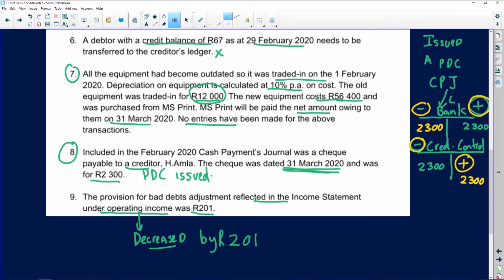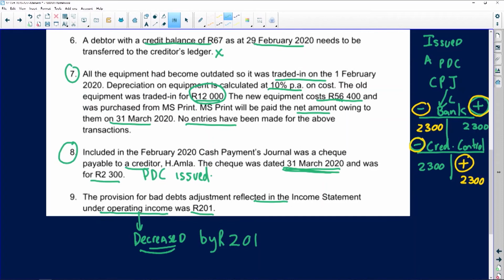In the income statement, provision for bad debts adjustment is reflected under operating income. Now, the only time it will be shown under operating income is if we are expecting less bad debts in the future. So in other words, provision for bad debts has decreased.